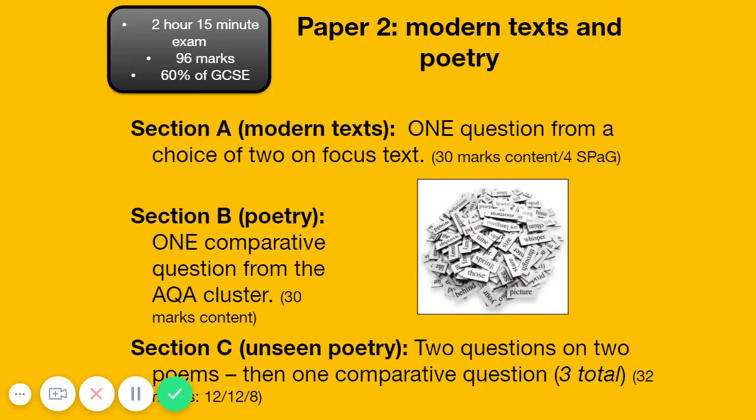We also have paper 2, and this is actually the paper that your son studied in year 10. We started off with our modern text, which is An Inspector Calls. We then moved on to our comparative poetry, and then we did touch upon unseen poetry. Now, as you may know, there are some changes to the AQA curriculum plan for this year and the AQA curriculum offer.